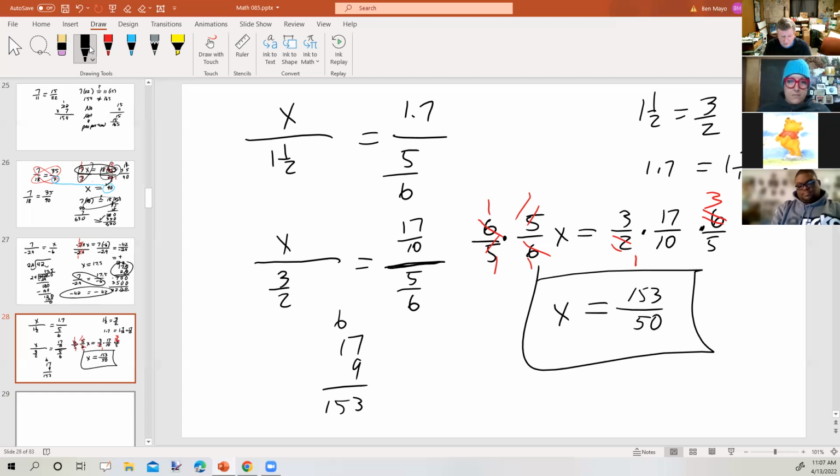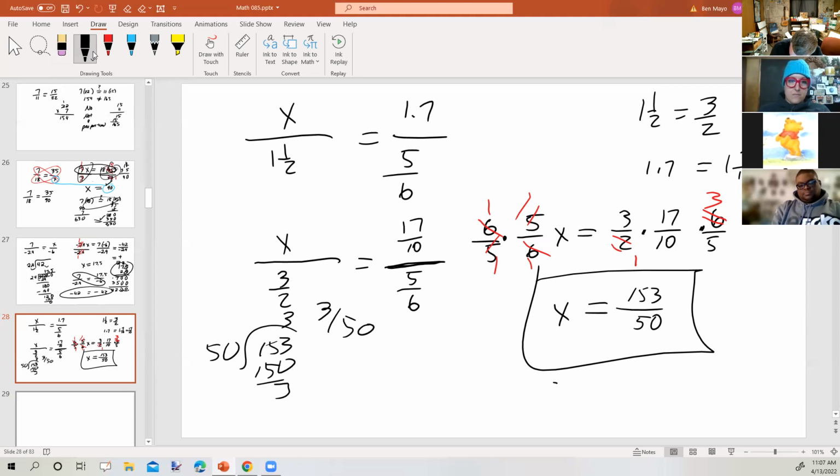I could use 153 over 50. Let's see, 153 divided by 50 would be 3 and 3/50. So x could be 3 and 3/50. That would also be correct. Or a decimal, I'm going to grab my calculator right here. 153 divided by 50 is going to be 3.06.